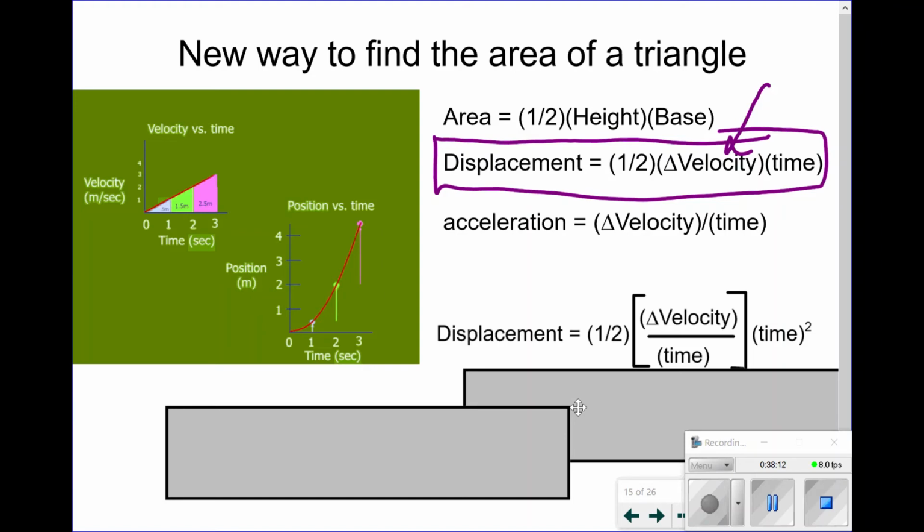That does not violate any mathematical rule as long as I undo the division by multiplication. So if you notice, I now have the change in velocity divided by time, but instead of just time over here, I have time squared.